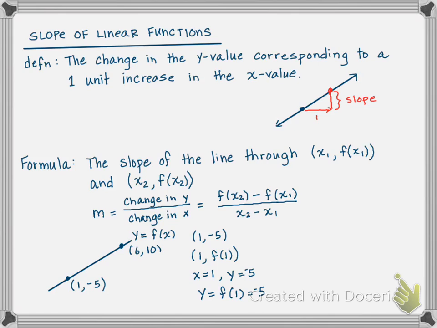The value of the y coordinate is the same as the symbol f of 1. Those are interchangeable. Good? Let's find a slope. So m equals f of 6 minus f of 1 over 6 minus 1.